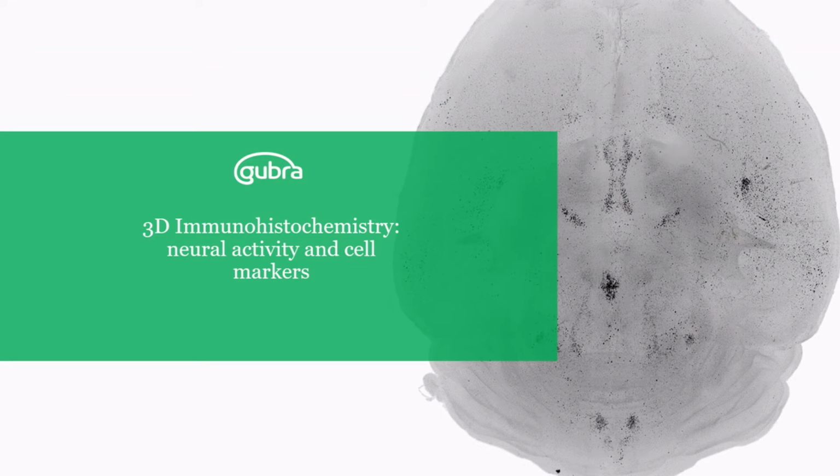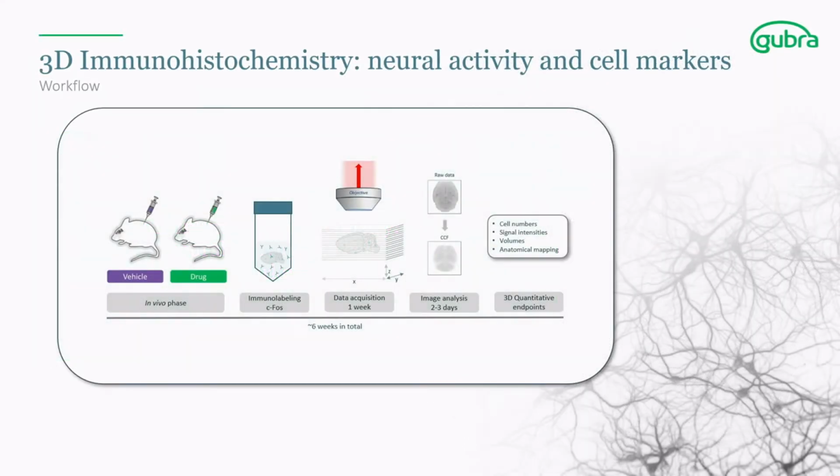In our second pipeline, we label markers of neural activity and cell types in 3D. In this case, we typically compare the influence of a drug versus the vehicle on a given marker, for instance c-Fos, which is a neural activity marker.